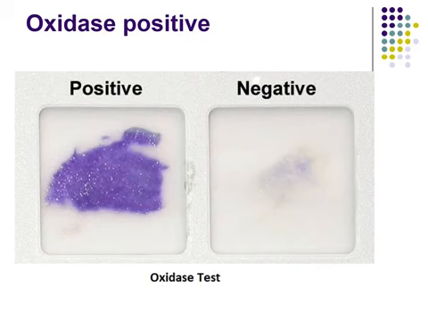This slide shows positive and negative oxidase reagent. You can see the positive appears as a blue or purplish color, while the negative is colorless, with no changes in the oxidase reagent.